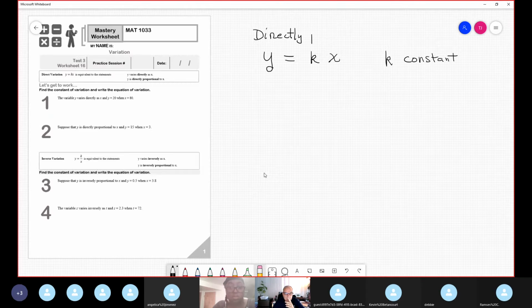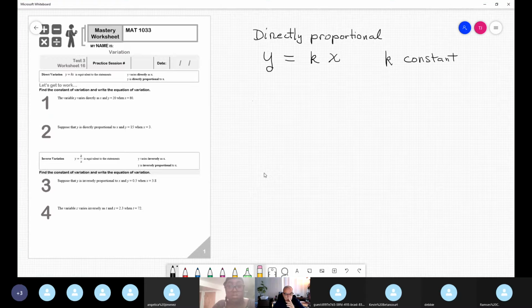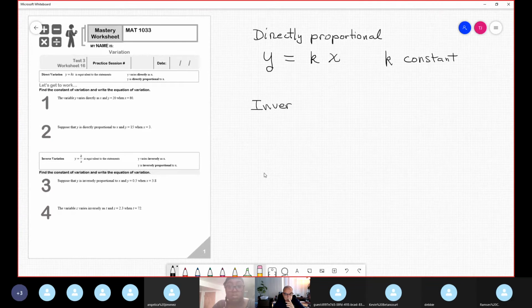And inversely proportional is, for example, y is k divided by x. Directly proportional is multiplication. Inversely proportional is division. Okay, this is basically the two ideas.